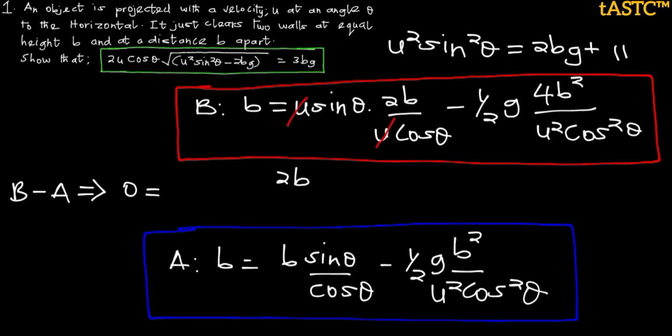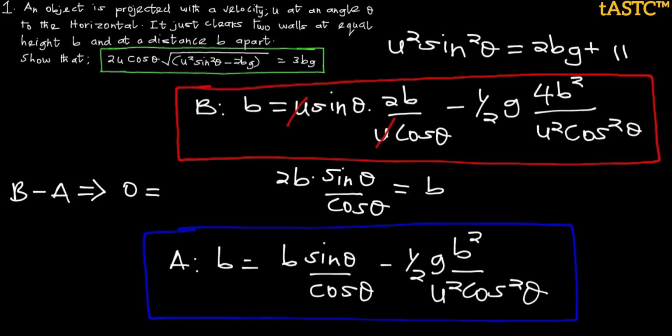So this is typically a 2b multiplied by sine theta divided by cosine theta. And so this is almost the same thing. We got 2 of it in the equation B, whilst we got just 1 of it in the equation A. So that should leave us with just 1 of it. B sine theta divided by cosine theta.